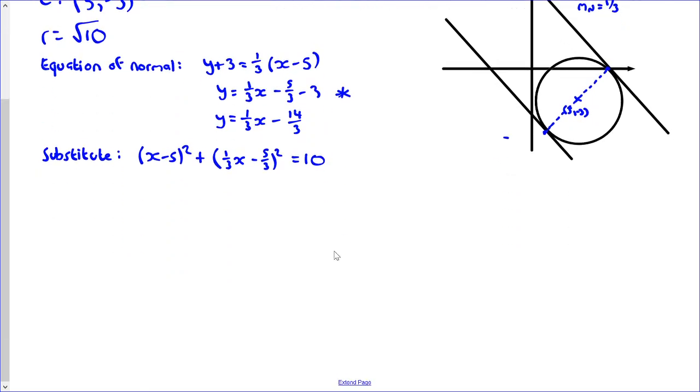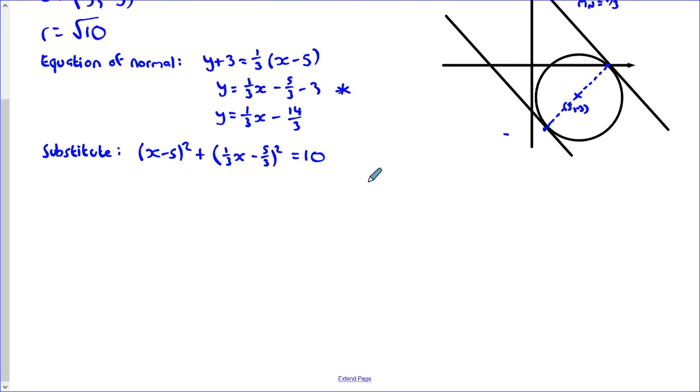Okay, so I've got to expand all that, get a quadratic which I can solve, find two values for x. Those two values for x will be my two x coordinates for these 2 points. Right, so x squared minus 10x plus 25 from the first bracket. And then when I square this, I'm going to get a lot of ninths.